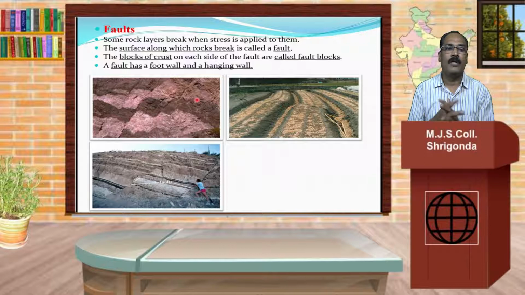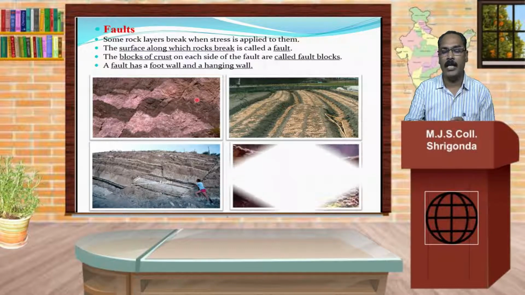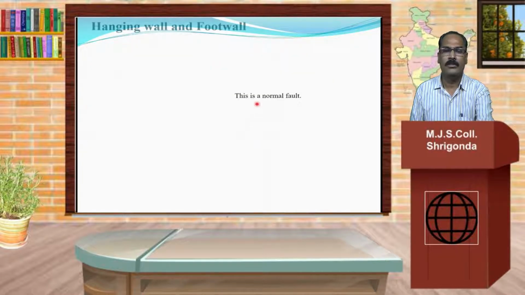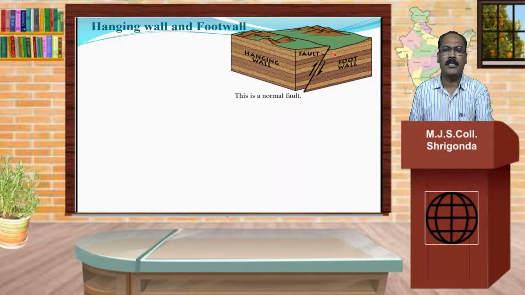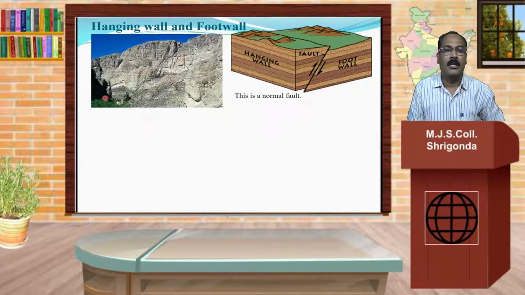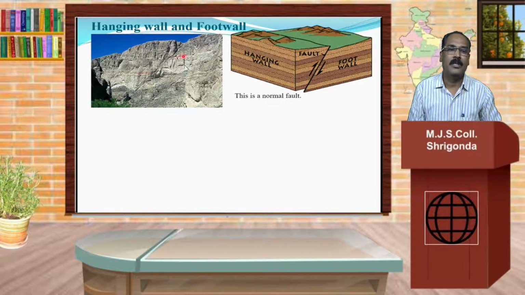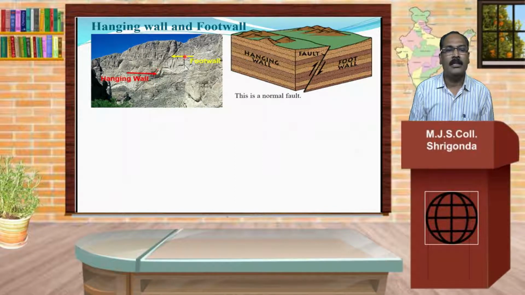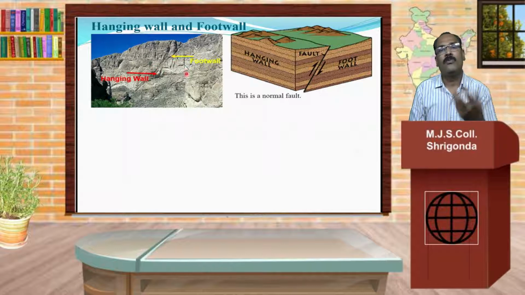Now a fault has a foot wall and a hanging wall. Here is the hanging wall. Here the rocks, the cracks come together. Then in normal faults, where the cracks come together, along the line of cracks here is the hanging wall, the overhanging edge as we call it, the hanging wall, and the other is the foot wall.